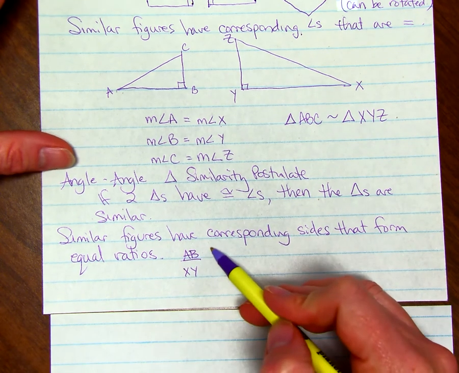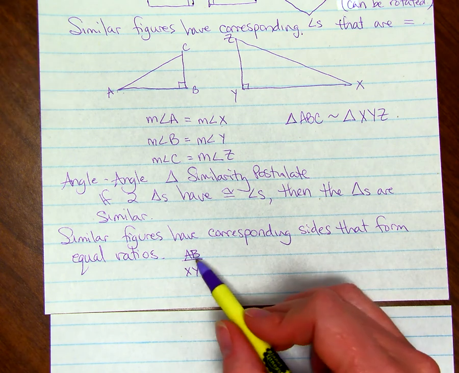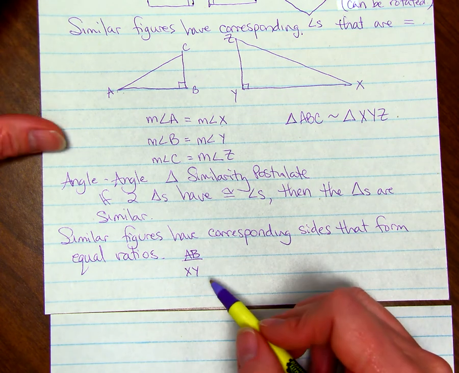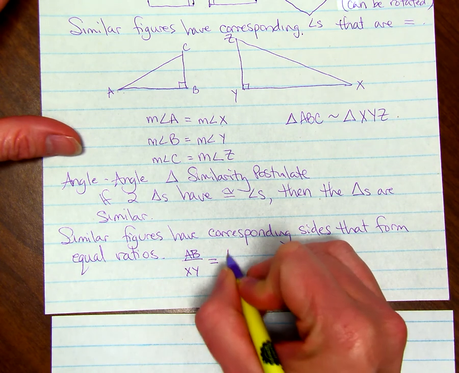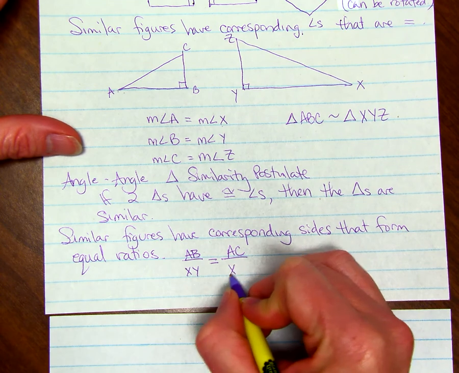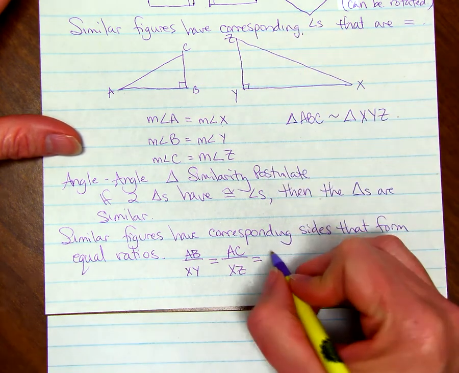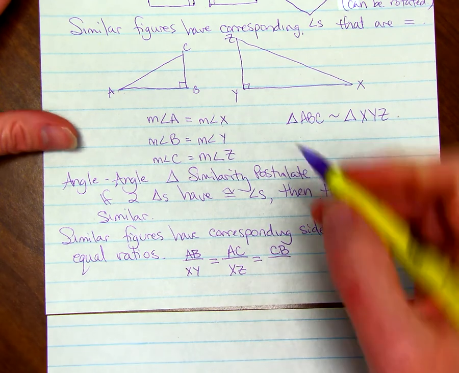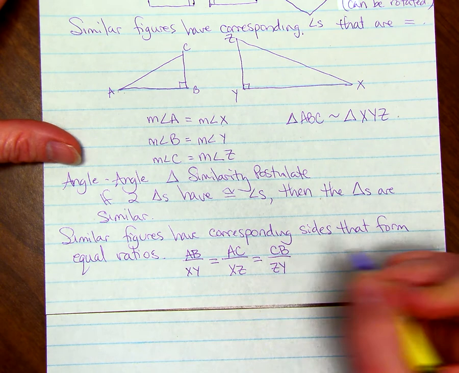And when you write AB without a line over it, that just means how long it is. So the length of AB divided by the length of XY is going to equal the length of AC divided by the length of XZ, which is also going to be equal to the third side, the length of CB divided by the length of ZY.